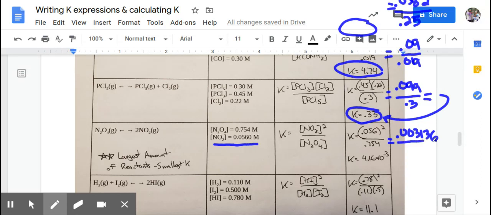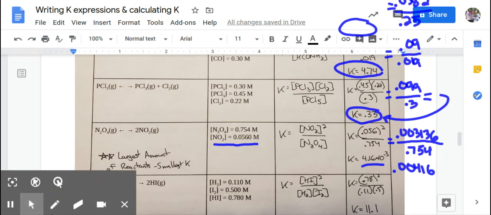Some of you are rounding, would have called this just 0.003. When you're dealing with small numbers, that's a big difference. We're going to divide that by the denominator, 0.754, and we get 4.16 times 10 to the negative third, or 0.00416. Notice this is a very small number. That means there's a lot more reactants than there are products.